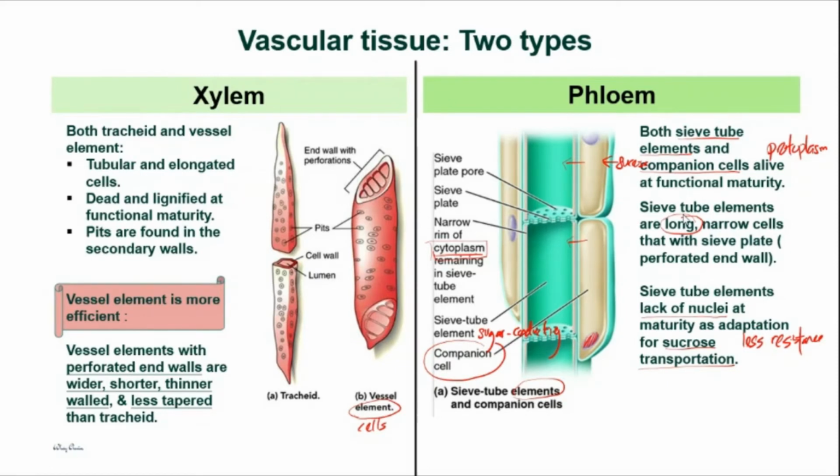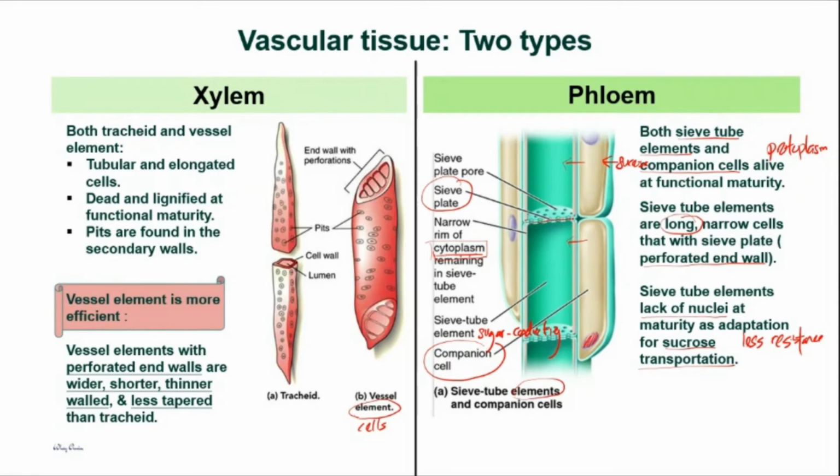They are elongated cell with the tube-like structure, but it's not hollow. Dalam dia tak hollow, iaitu bukan lumen ya, bukan lumen sebab dia ada cytoplasm. Dan dia ada end wall, end wall yang ada perforation, ada large opening, tetapi di sini dia bagi nama khas ya, iaitu sieve plate.